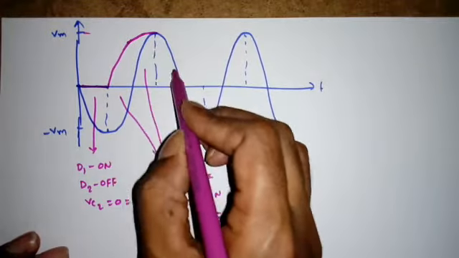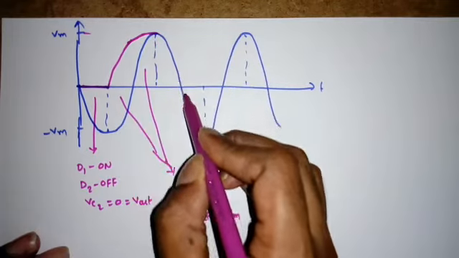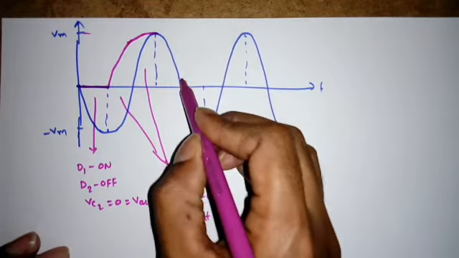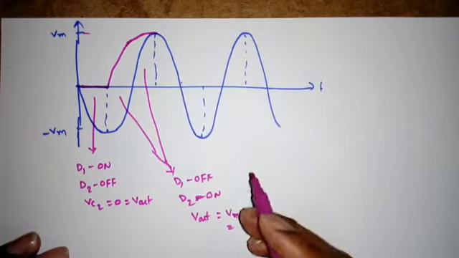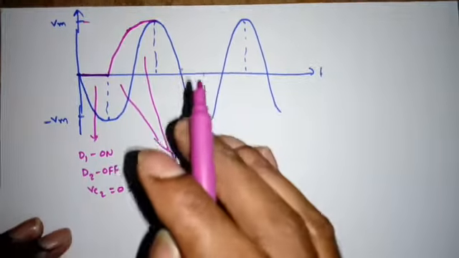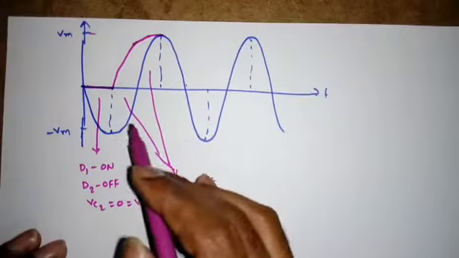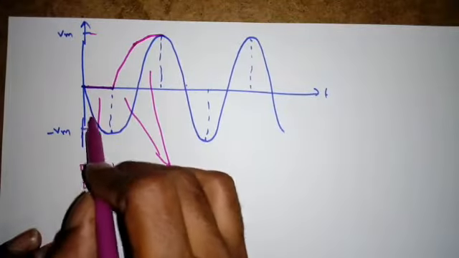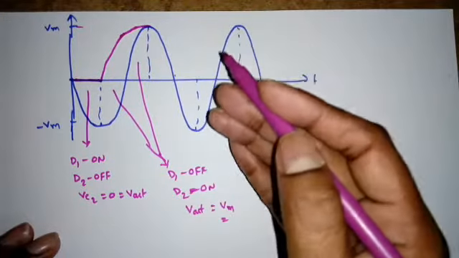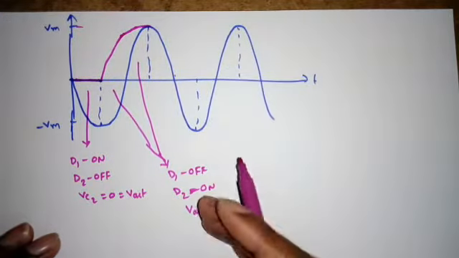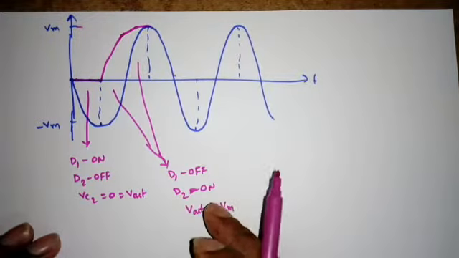Then suppose the input varies again from Vm to 0, 0 to minus Vm and comes back to 0, etc. What will happen? And remember, the capacitor C2 will not charge to 2 Vm in the first cycle, right? It may take a few cycles, maybe 3, 4, and so on. I will show you simulation results, then it will be more clear, right?